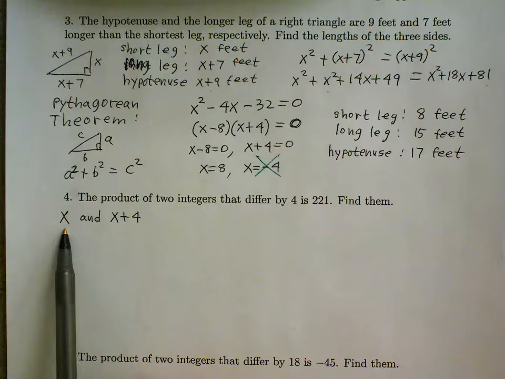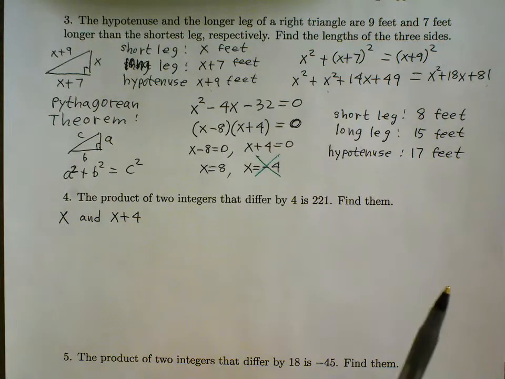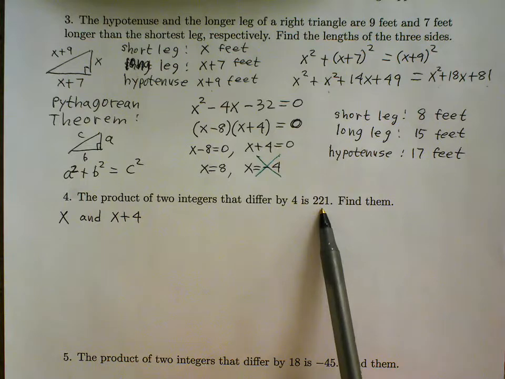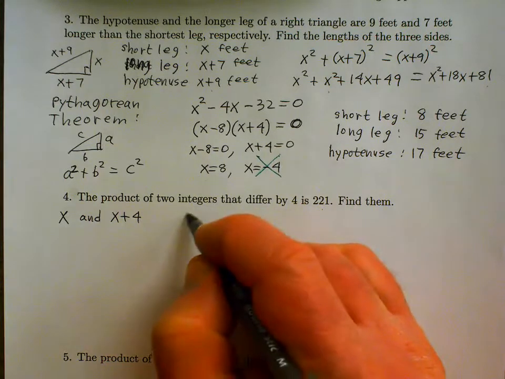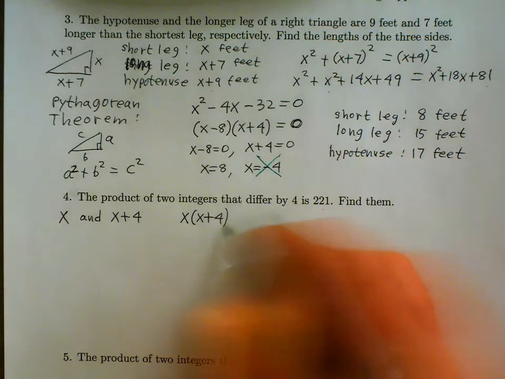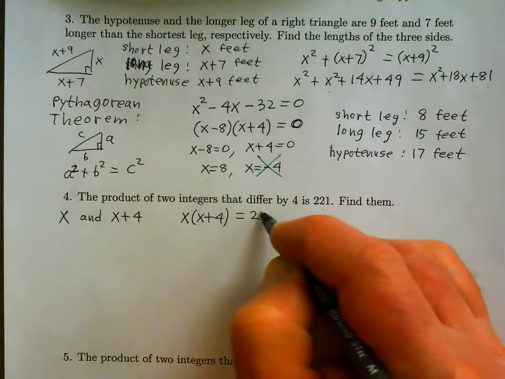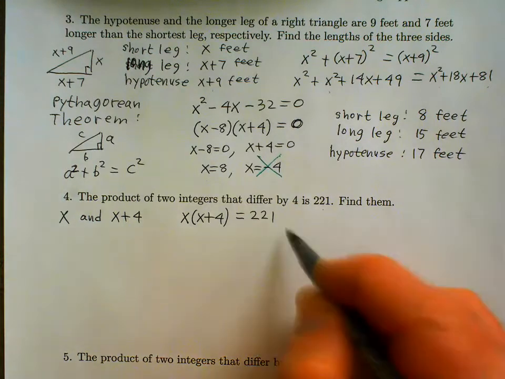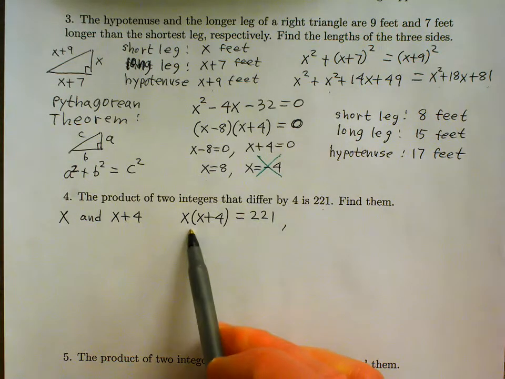So x and x plus 4 differ by 4, and the product is 221. So that means when we multiply x times x plus 4, we get a product of 221. Okay, so we'll multiply x times x plus 4.